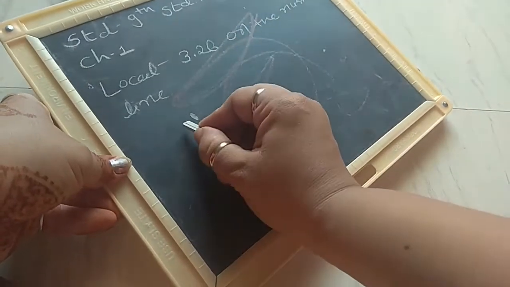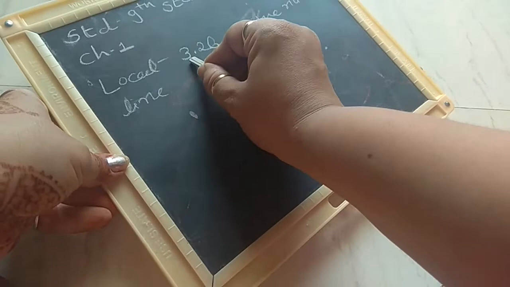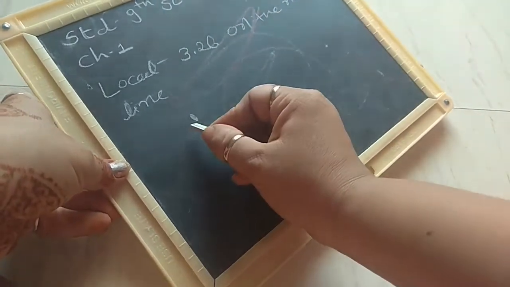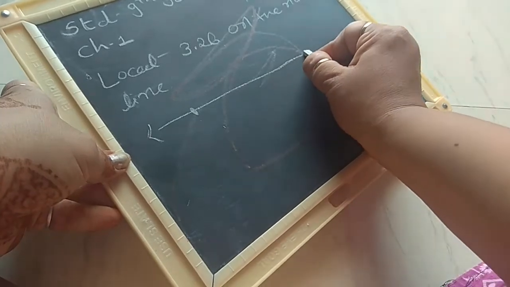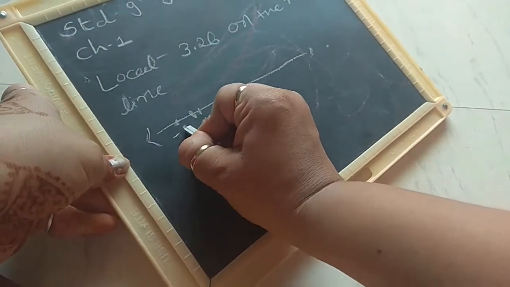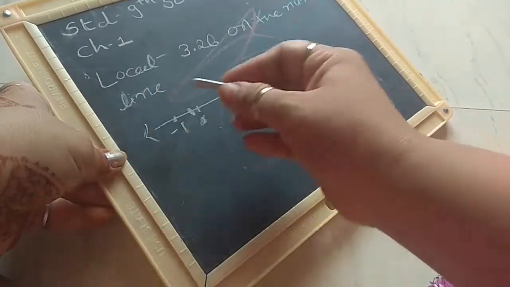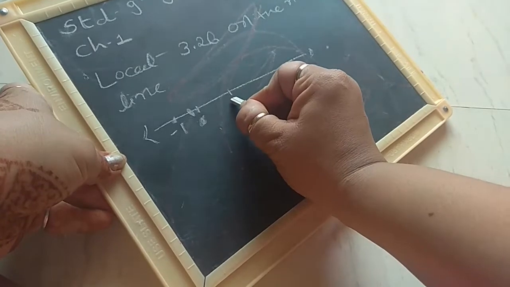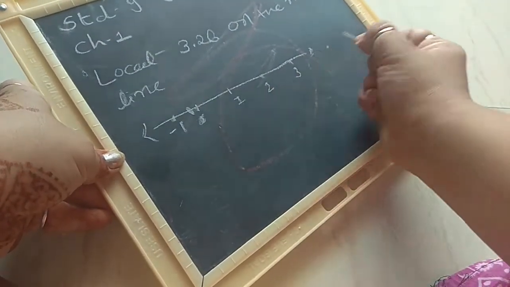Anyways, let us start to focus on this question. Locate 3.26 on the number line. Fine, first we will draw the number line. Here we will start with 0. Here -1. I don't want this minus part, so I will not write more. I will start to write 1, 2, 3.